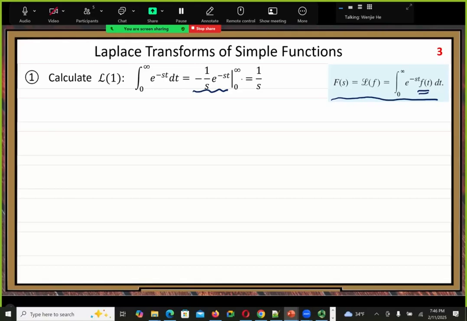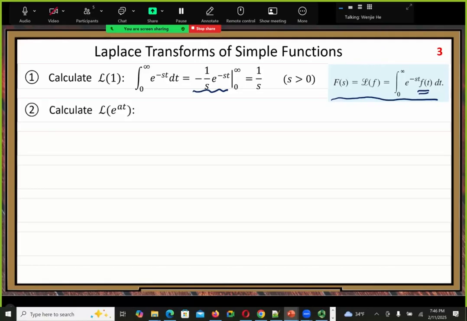Otherwise, when t goes to infinity, the e term won't be 0. If s is not positive, then this formula does not work. So here I put that condition, s positive.